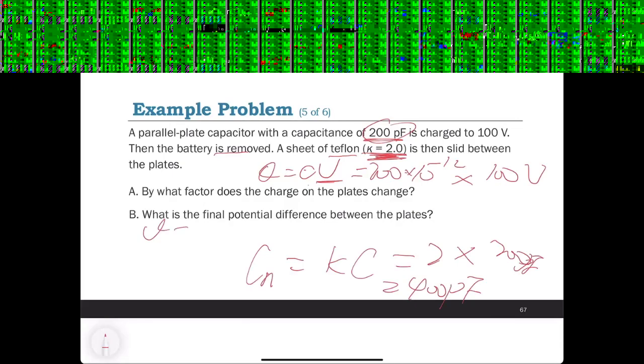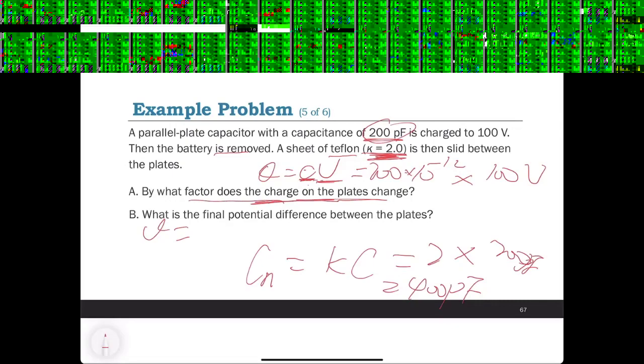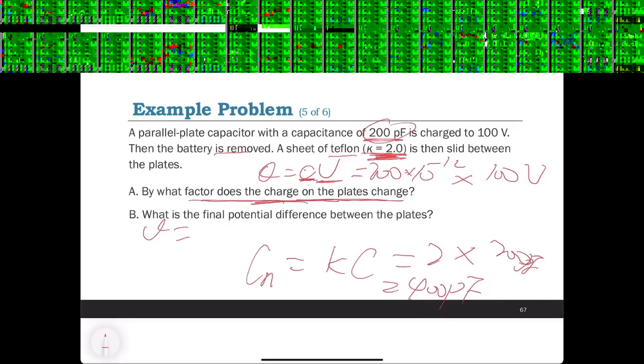So for the factor by which the charge on the plate changes: once the battery is removed from the capacitor, the charge on each plate is fixed, so it is 1.